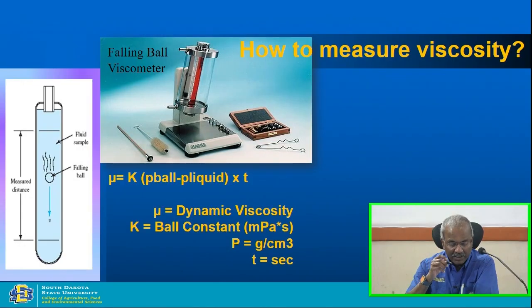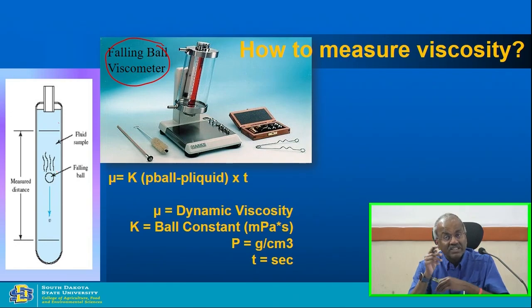What you see here is the falling ball viscometer. This type of viscometer has been used in several industries, including the food industry. It is primarily based upon the density of the material. Whatever liquid you want to measure the viscosity of, you need to know the density of that liquid or fluid, and there is also a falling ball you insert here, which has its own density.